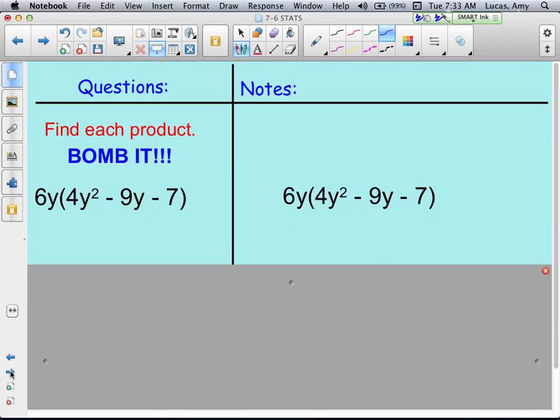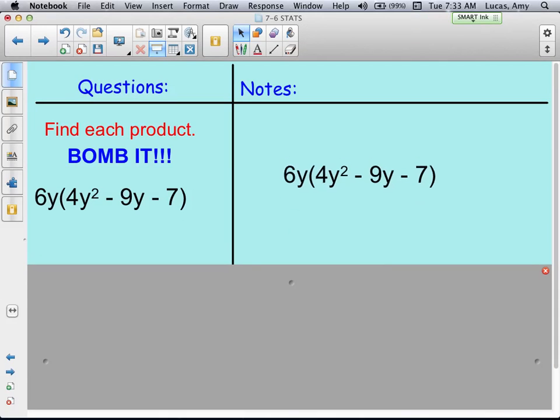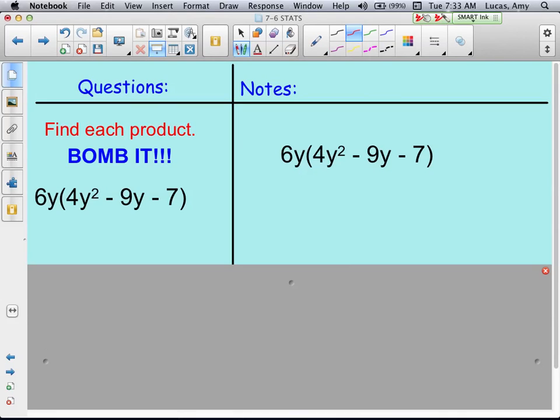Okay, now we're moving into a monomial times a polynomial. The only thing that we are going to do that's different from those first two examples is when you've got a monomial outside of parentheses, you can probably guess about what we're going to do with it. We're going to distribute it like this. So if I multiplied 6y times just 4y squared, I could expand it.